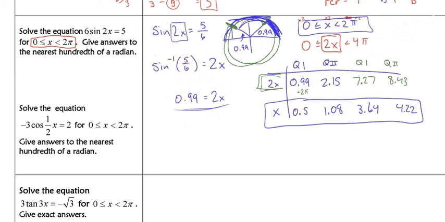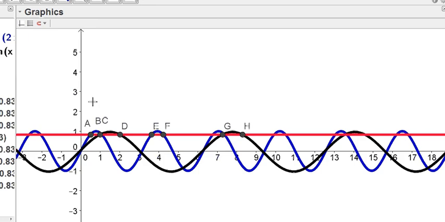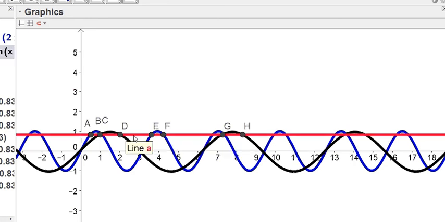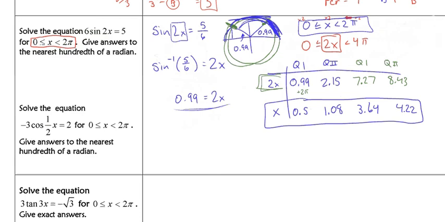And so one last time to look at the picture, here's our first one, our 0.5. Here we have the point, I think it was 0.08. What were the other ones? Sorry, 1.08 was that one, and then 3.64 and 4.22.